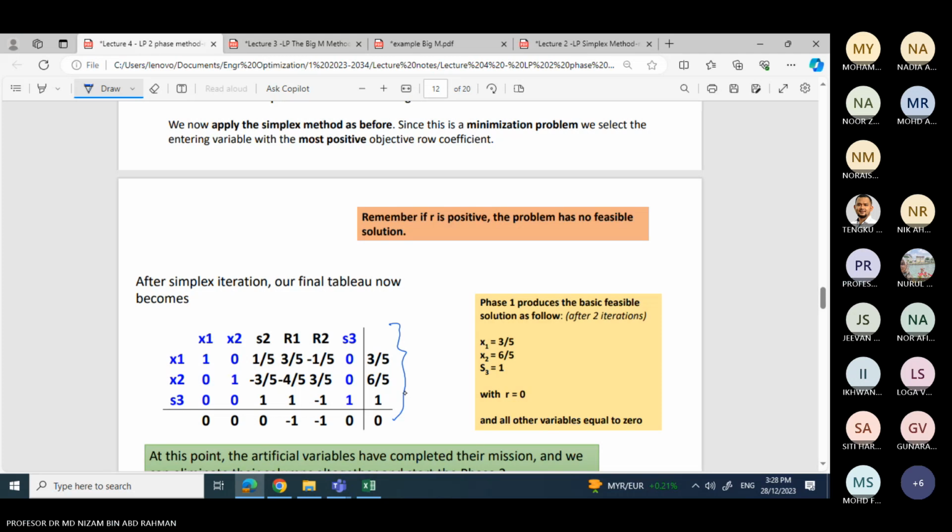At the end of it, this is the final tableau, and this is basically optimum. Why do I say this is the optimum solution? Anybody?